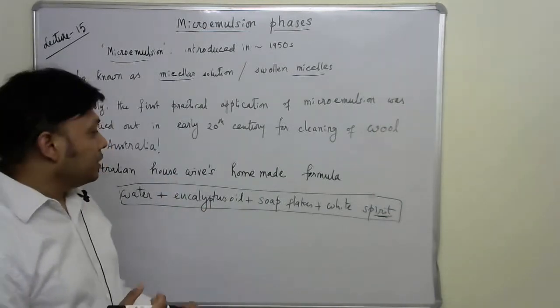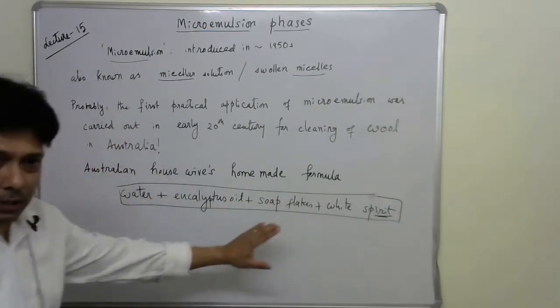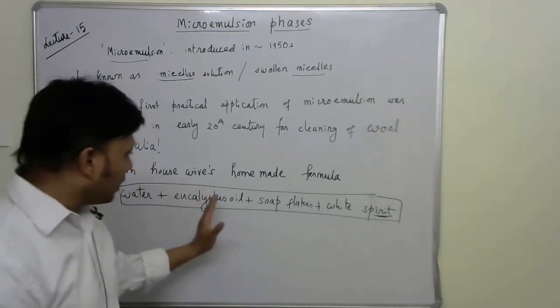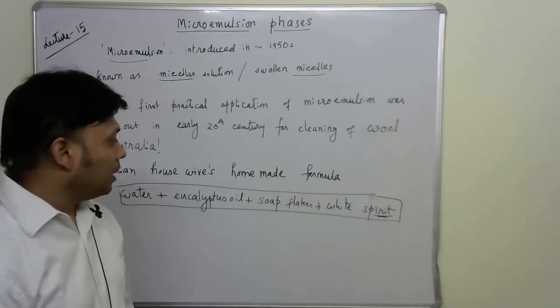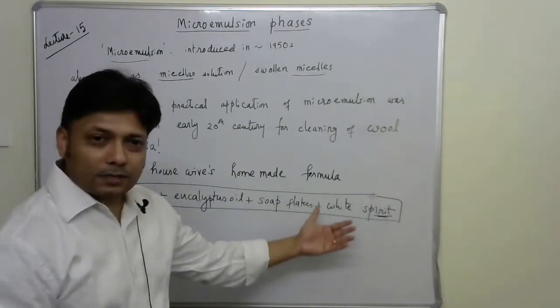All right. So now let's take a look at the composition here. So here we have water, oil, soap flakes, but interestingly some white spirit came. So why does that come?